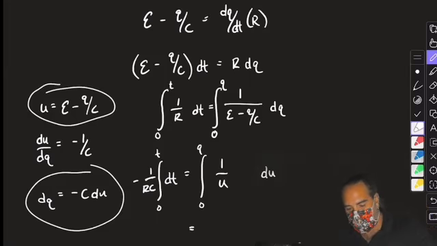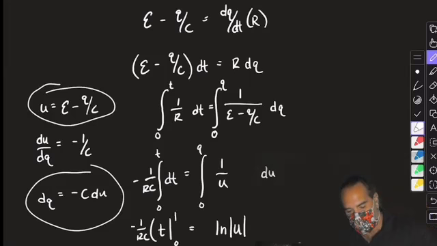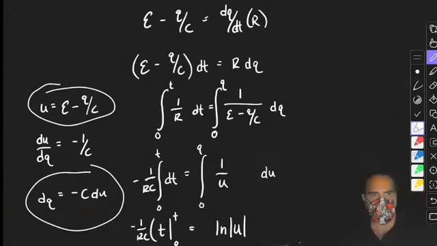Meaning this side is known to me to be the natural log. And the other side is known to me to be t. Now, truth is, I have to do something here that you guys should expect.